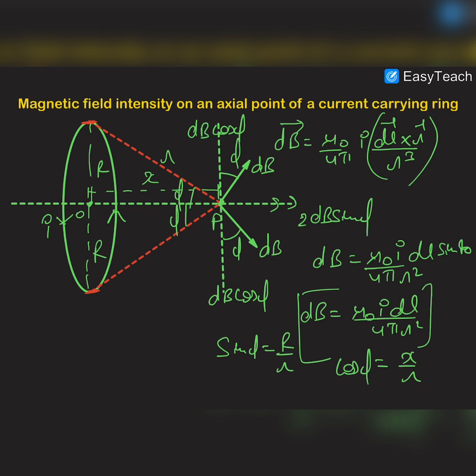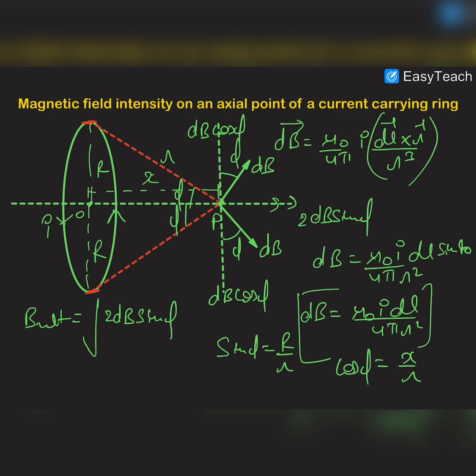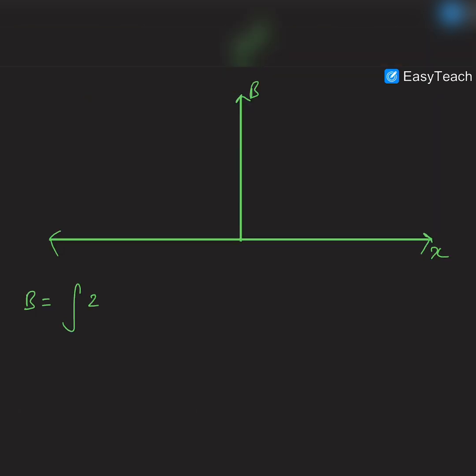Okay, so 2 dB sin phi, or we can say that B net will be equal to integration of 2 dB sin phi, and hence we can say that B net will be equal to integration 2. dB is mu naught I dl by 4 pi r square.